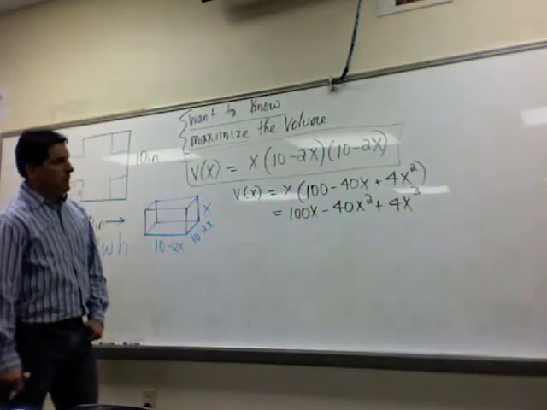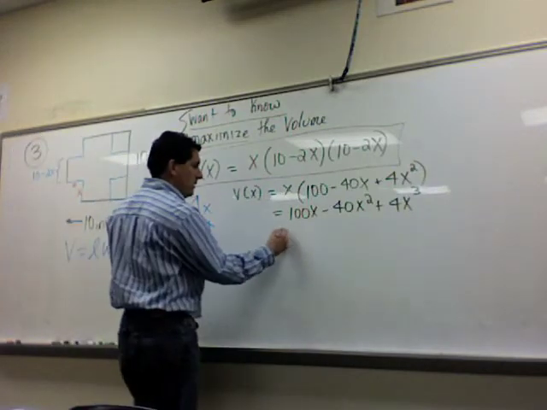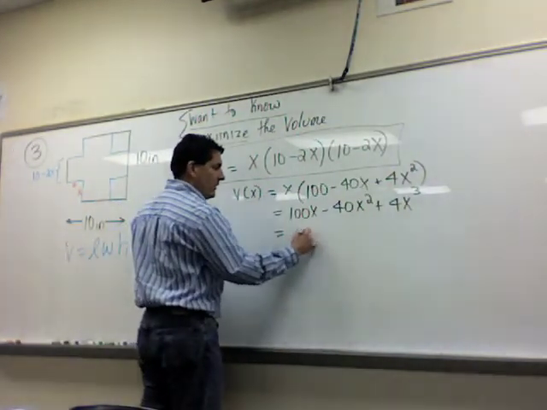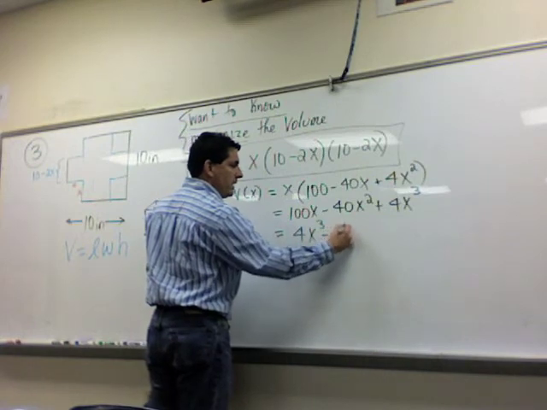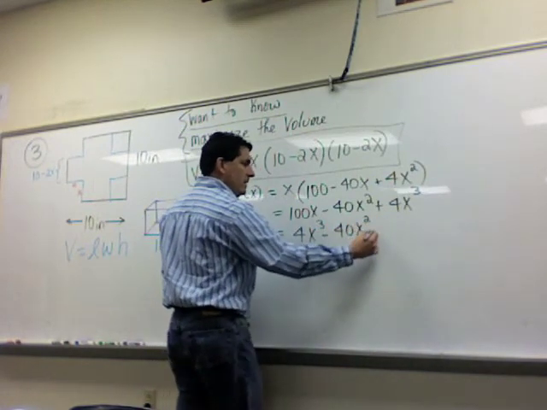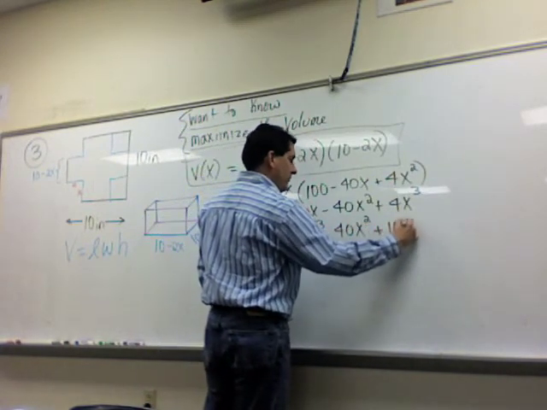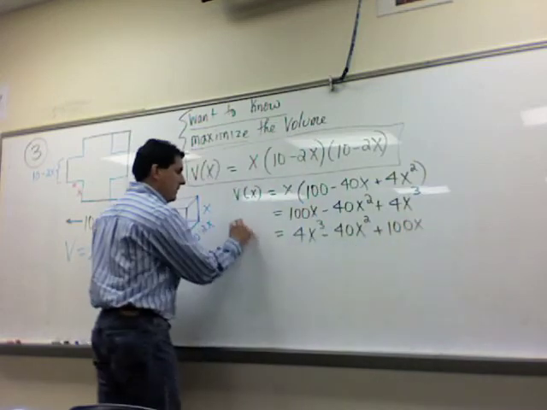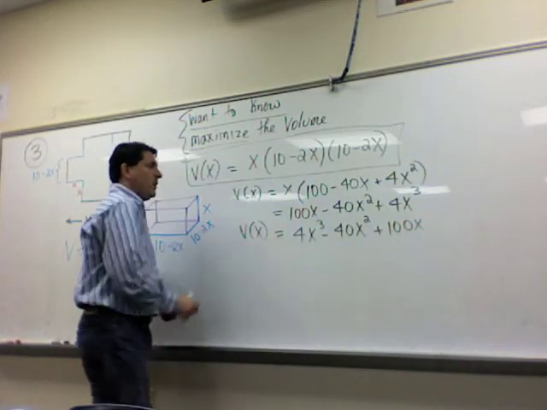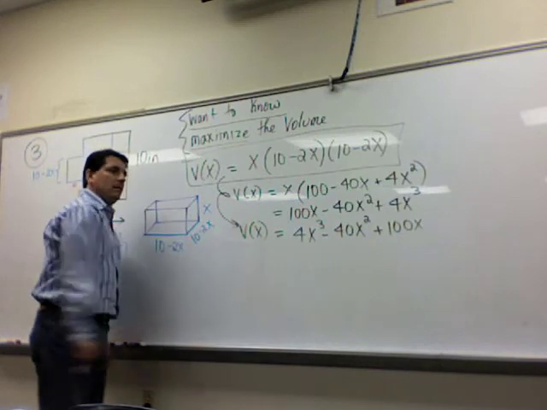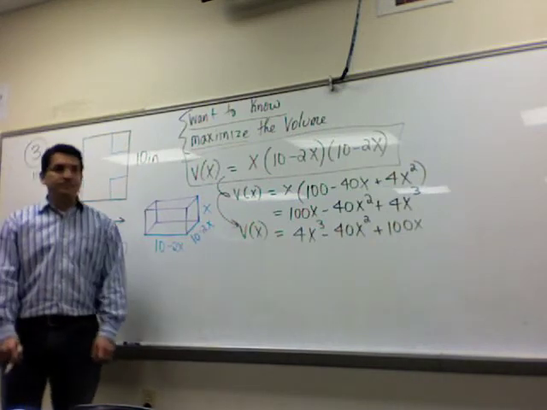And I think just for fun, I'm going to switch this thing around. 4x to the third minus 40x squared plus 100x. And this is our function. All we did was rewrite it. We didn't take the derivative yet.